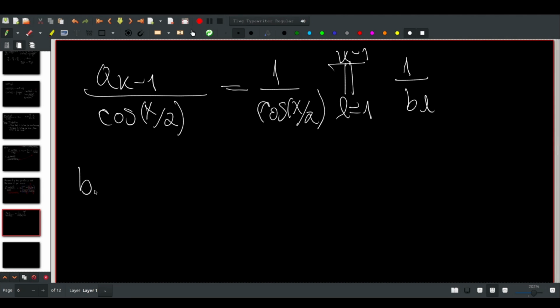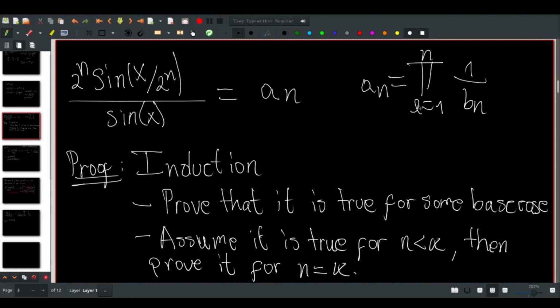And remember that B_0 was the cosine. Which cosine? Well, if you follow, what should actually be here is cosine of y, which in our case is x half.